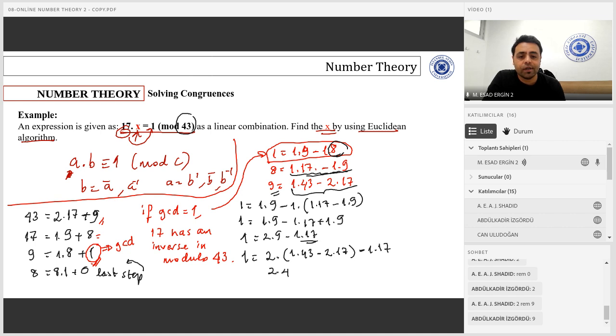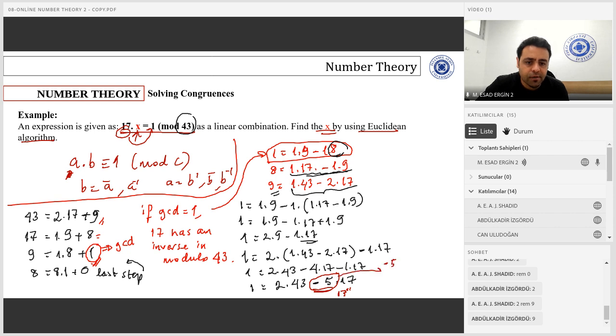So 2 times 43 minus 4 times 17 minus 1 times 17 equals 1, and 1 equals 2 times 43 minus 5 times 17. So here this minus 5 is the inverse of 17. Minus 5 equals the inverse of 17.